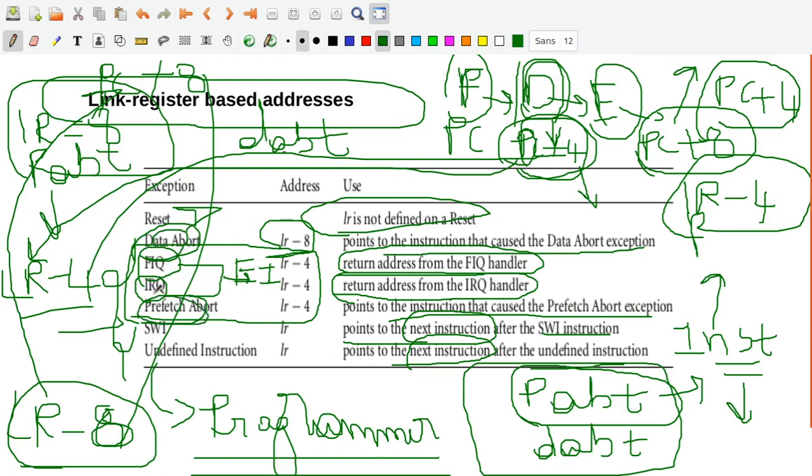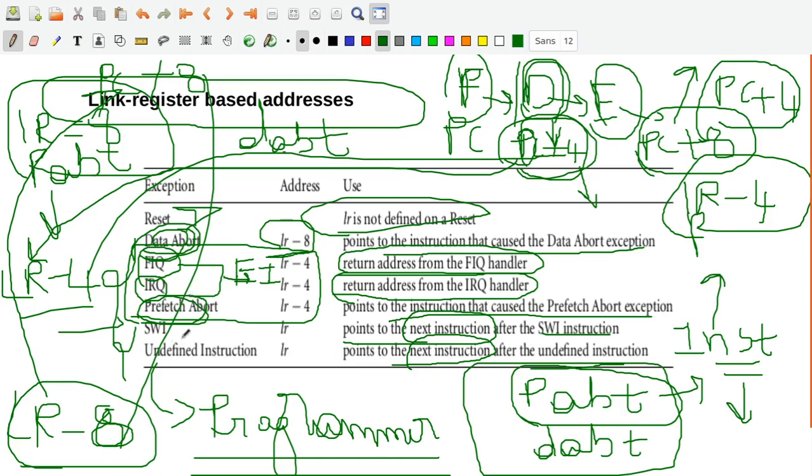FIQ and IRQ are the external interrupts that you get, whereas the prefetch abort and the data abort are exceptions thrown by the processor because of some memory access violation. If an instruction memory access violation happens, then the prefetch abort exception is thrown. Whenever a data memory access violation happens, then the data abort exception is thrown.